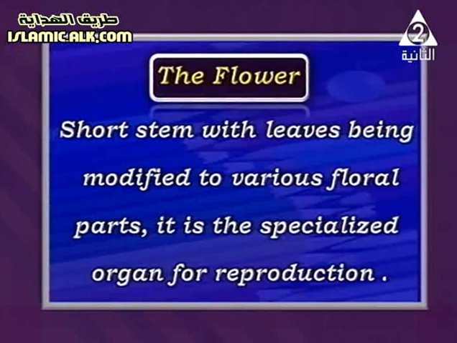The leaves surrounding this short stem are modified absolutely into the floral parts of the flower, as we're going to study the different floral parts. And what is the specific function? It's specialized for reproduction. Easy? Okay.